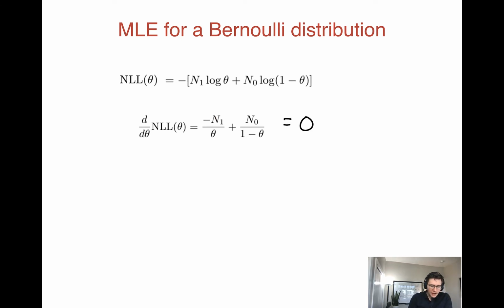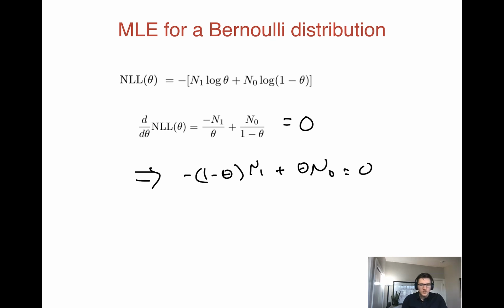You can do some algebra to figure out what this is. We can multiply both sides by theta times 1 minus theta. We get something like this. Let's keep going.